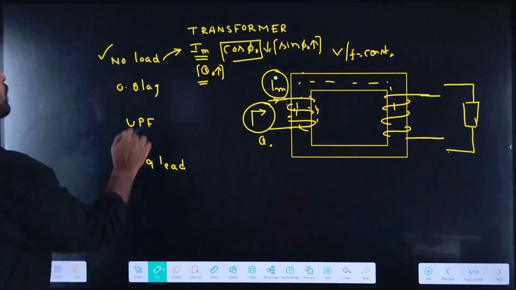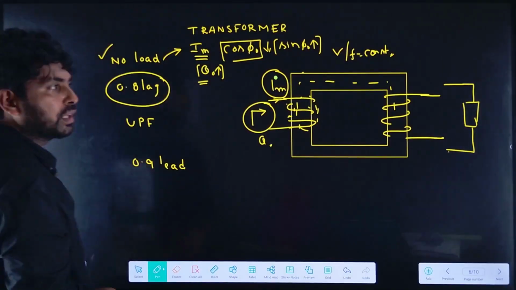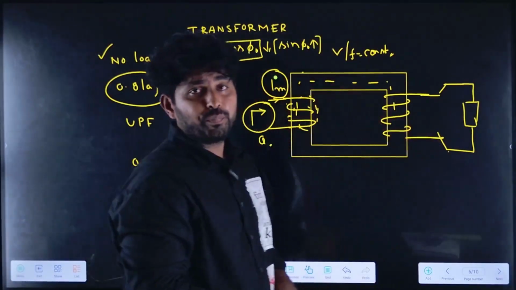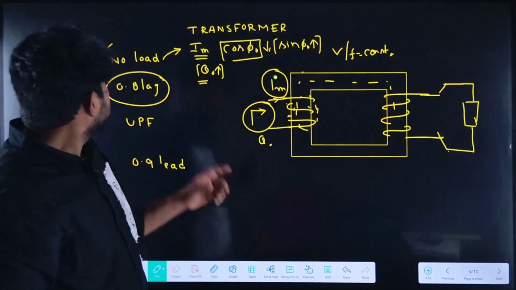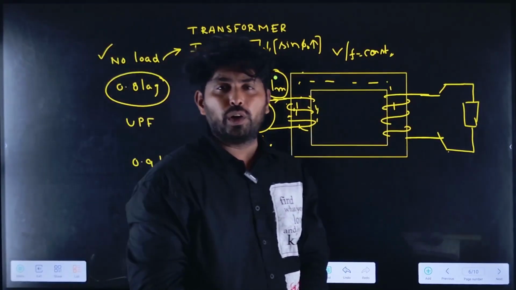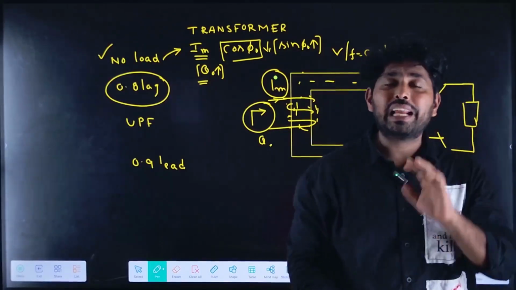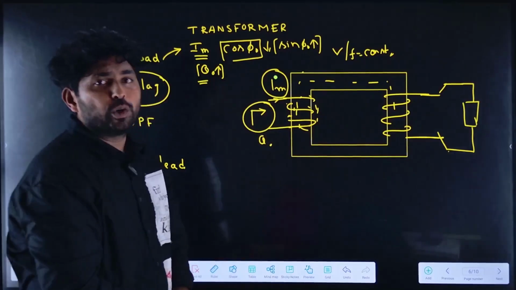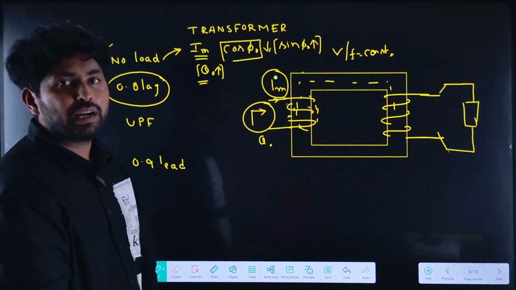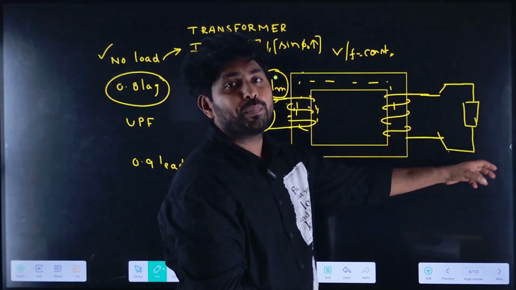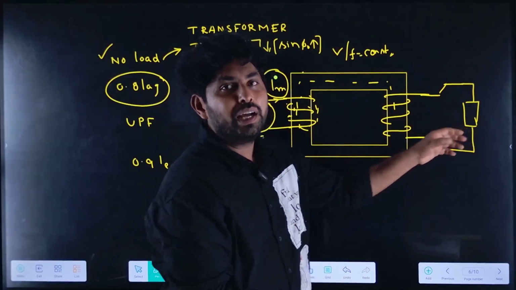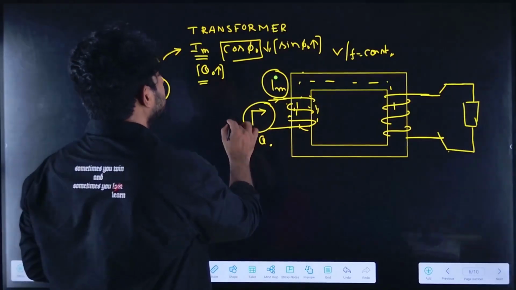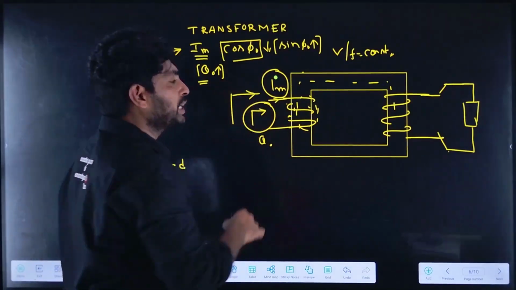Now, for example, let us connect the load and assume it is a 0.8 lagging load. Will the reactive power increase or decrease? It is a lagging reactive power, and it requires lagging reactive power, so the additional reactive power has to be taken from the source.